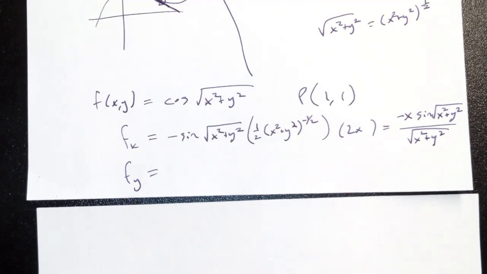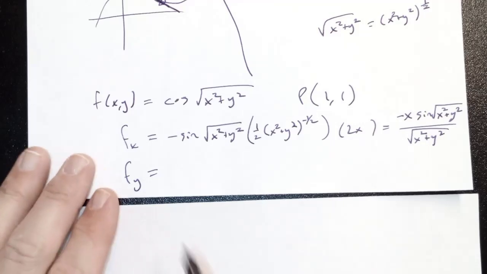How is the derivative with respect to y different? All the way at the end, I get a 2y instead of a 2x.